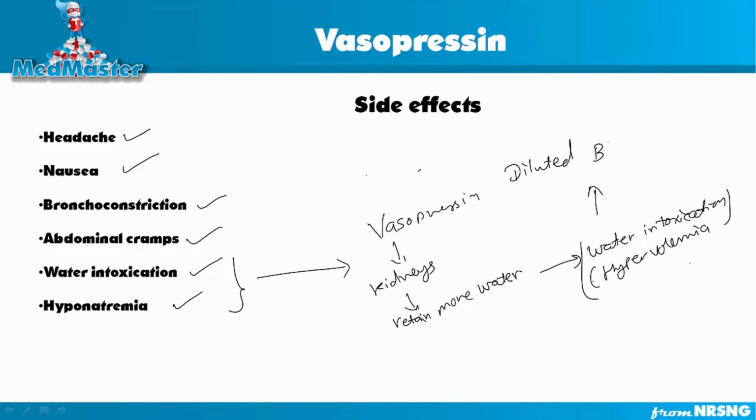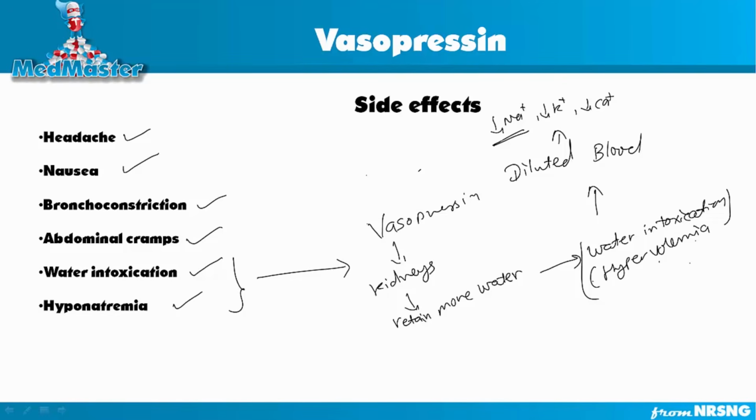So the blood is going to get diluted. And from there, it's going to cause a decrease in sodium, potassium, calcium, all the electrolytes. One of the main ones is sodium. Let's say, for instance, if we talk about sodium, it can cause hyponatremia.